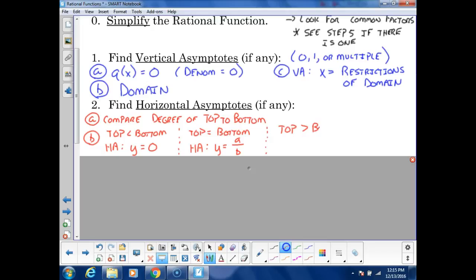Top is greater than the bottom. What's our horizontal asymptote? None. Unless step 6 is different. There's always going to be one, but if they differ by one? One. Okay, that's the kicker. So there's an asterisk here because if they differ by one on this last one, I have to do step number 6.